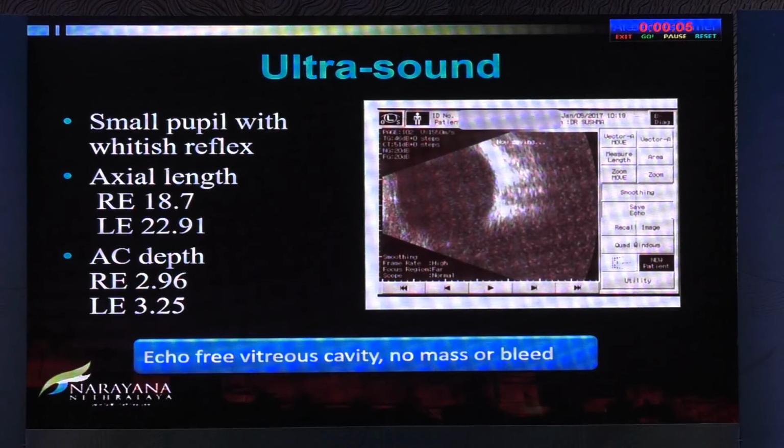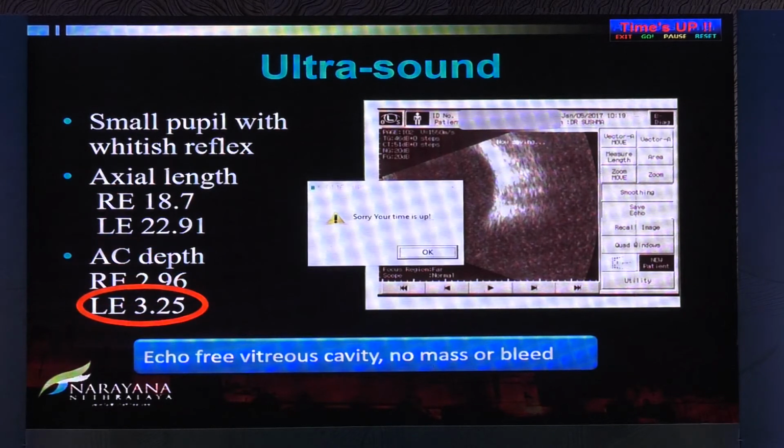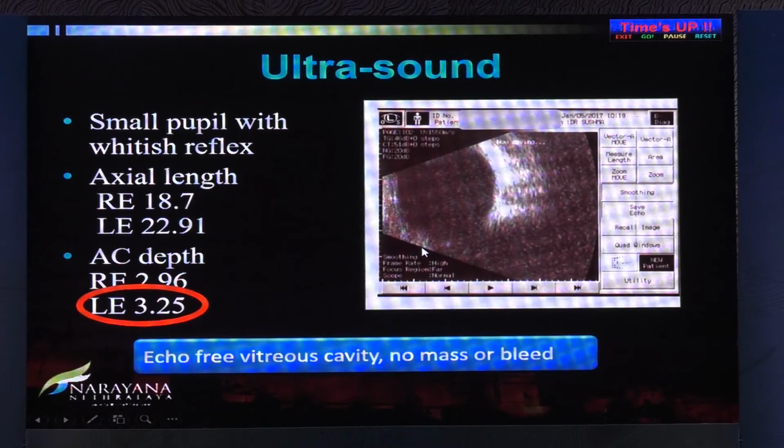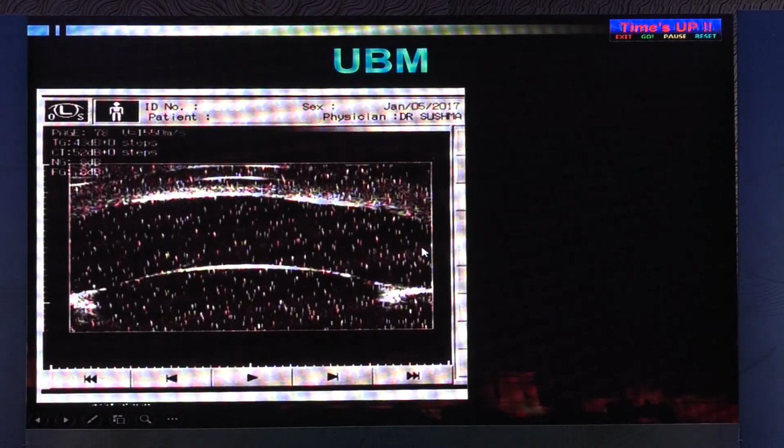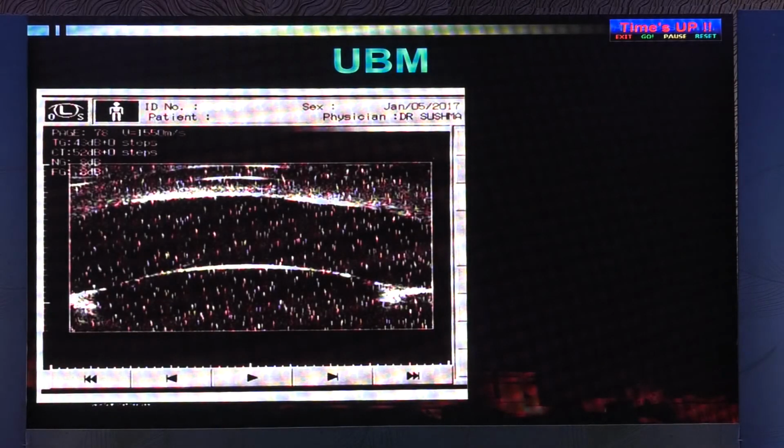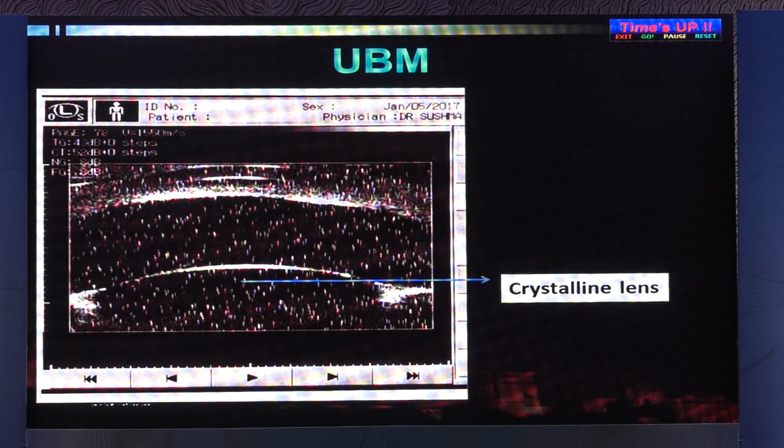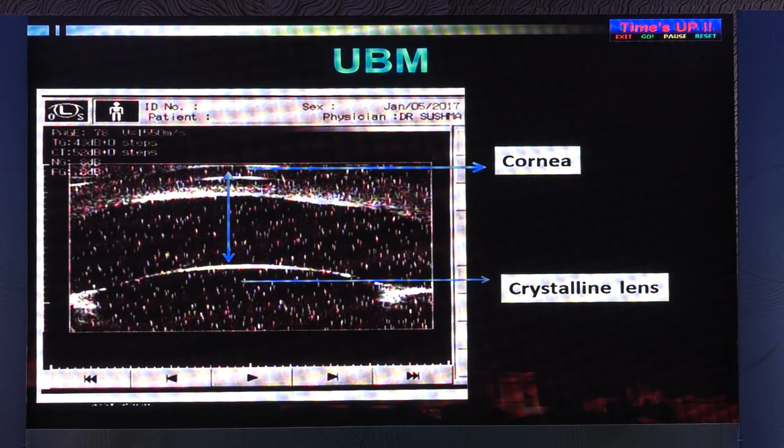Now, when we did ultrasound, everything was fine, but interestingly on A scan, the left eye showed an anterior chamber depth of 3.25, whereas on slit lamp the anterior chamber was very shallow. Well, UBM came to the rescue. This was the lens of the patient, this was the cornea, and this was the anterior chamber depth that the A scan was picking up.